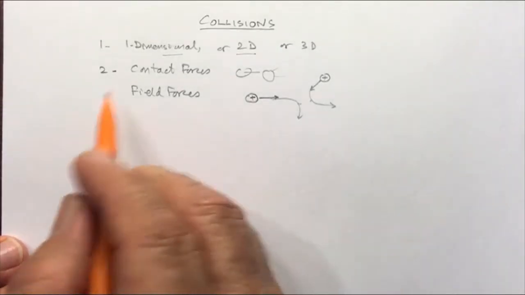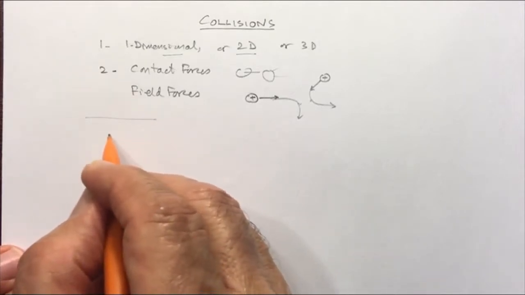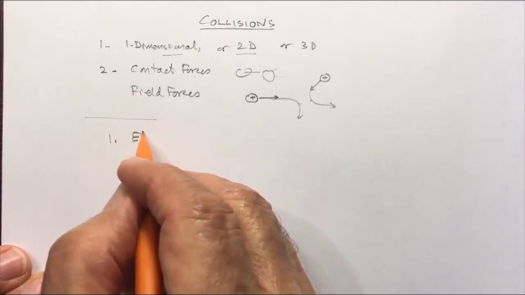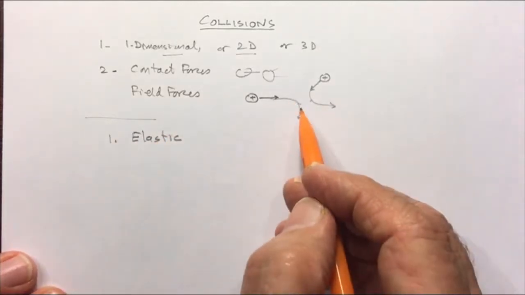Now that's one way of classifying them, and another way is that we say collisions could be what we call elastic, and this would be an example of an elastic collision.